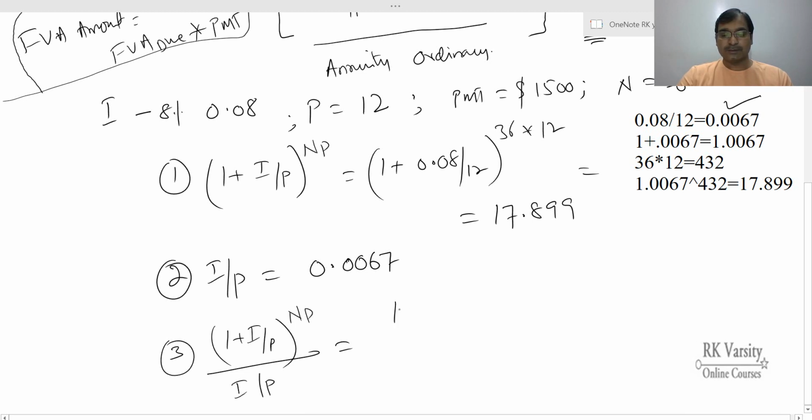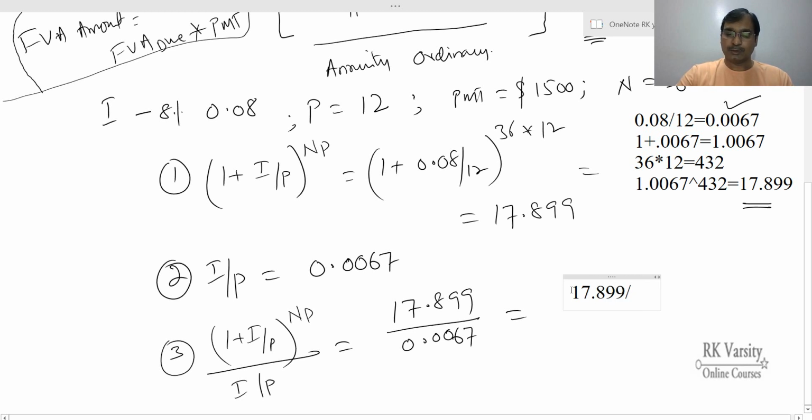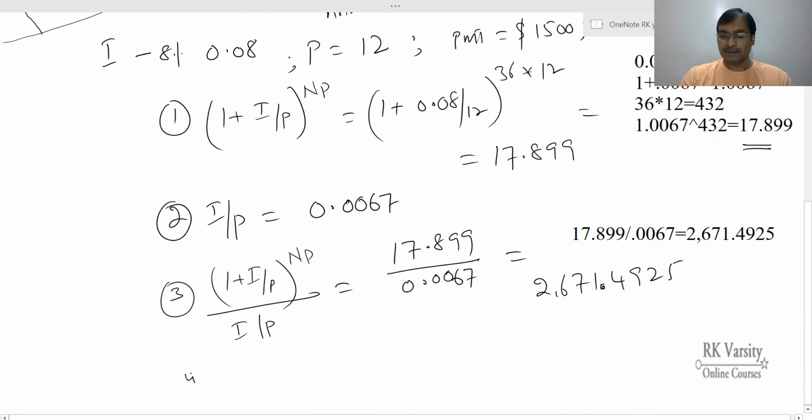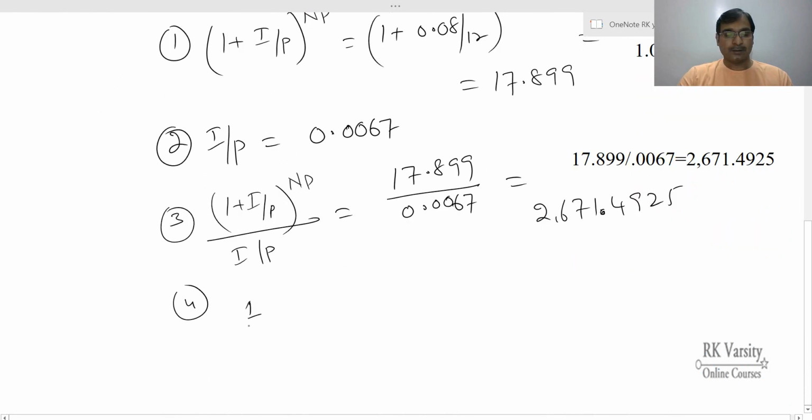Then in the third step, this is (1 + I/P) raised to n times P, divided by I upon P. So this equals 17.899 upon 0.0067, which comes to 2671.4925. The next is 1 upon I by P. So this is 1 divided by I upon P, and we know this is 0.0067.